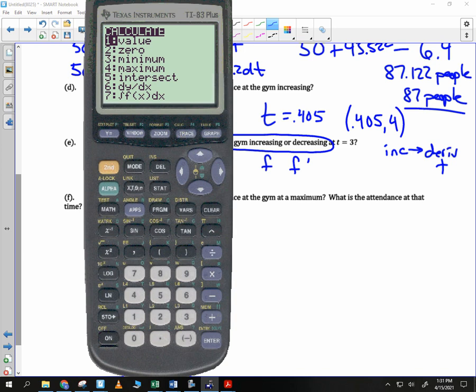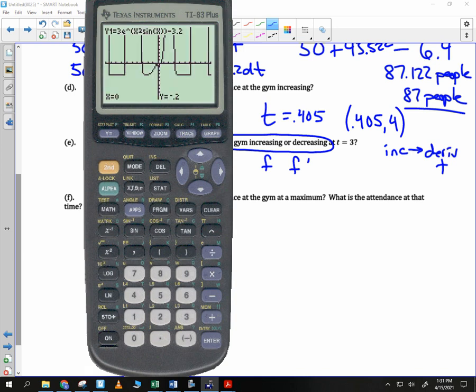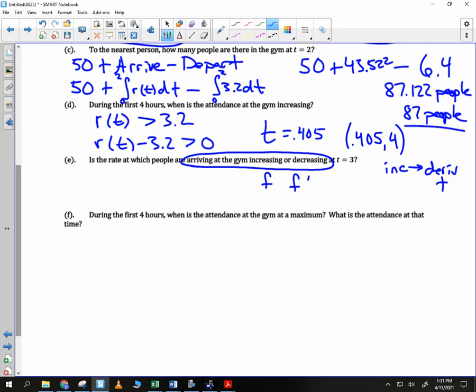Which one do we choose? 6. And we check number 3. Do you get a positive or negative value? Negative. So without a doubt, the rate is decreasing. We still have a lot of people coming to the gym, but at a much slower rate. So R prime of 3 was equal to negative 86 or whatever, so decreasing.